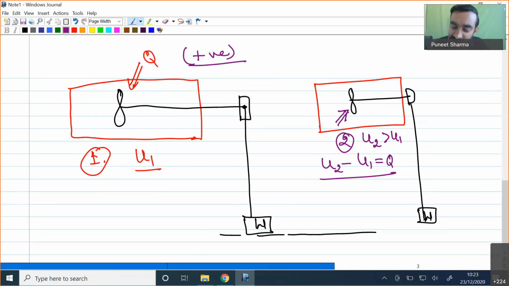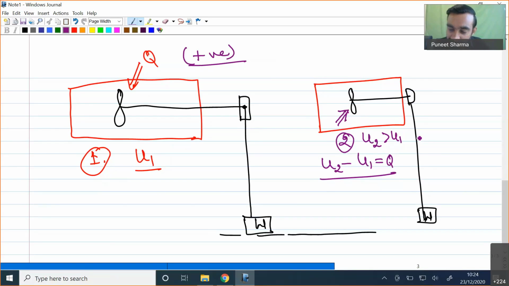So if we are allowing this particular internal energy to have interaction with the pedal wheel and then raise this W amount of weight from bottommost position to topmost position, that is something which will not be possible.